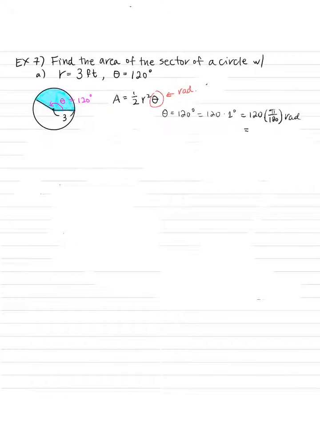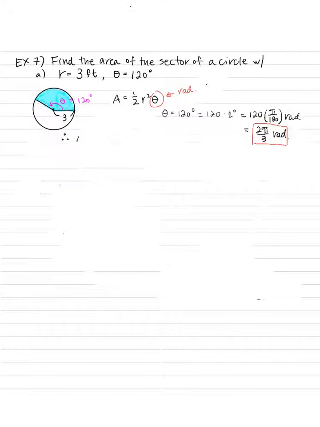And simplify, then what do we get? 2 pi over 3 radians. Okay, so we just converted the 120 degrees into a radian measure. So now I think we're ready to plug and chug into this equation to get the answer. So therefore, oh, by the way, these 3 triangle dots mean therefore in a math class. All right, so I use that quite a bit.